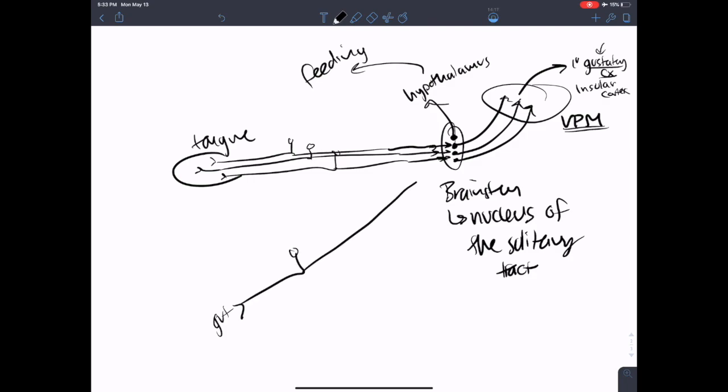So if they decide that there's enough food in your stomach, this can lead to the hypothalamus inhibiting feeding. Or if they decide that there's not enough food in your stomach, this can project from the nucleus of the solitary tract to the hypothalamus to increase feeding, or to say, hey, it's time to start feeding.